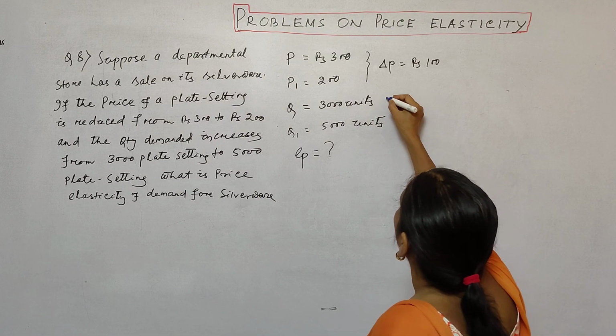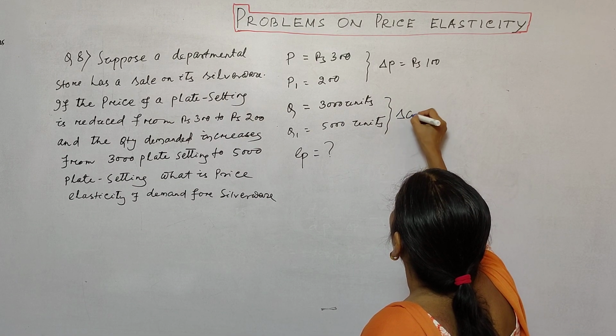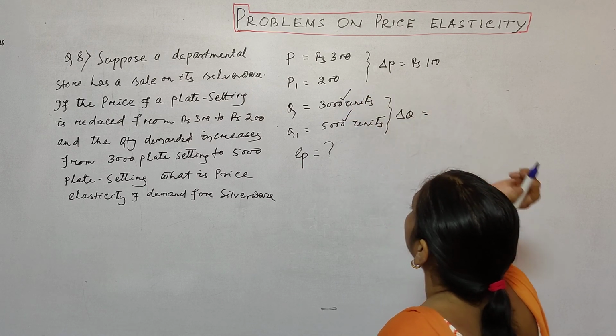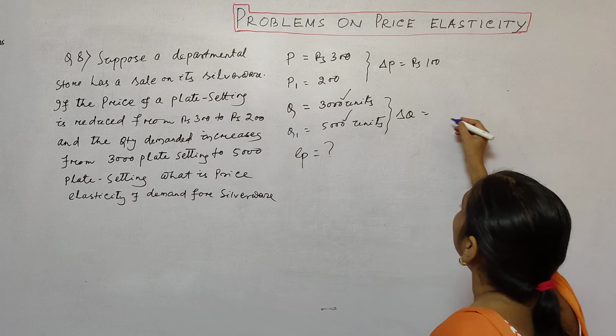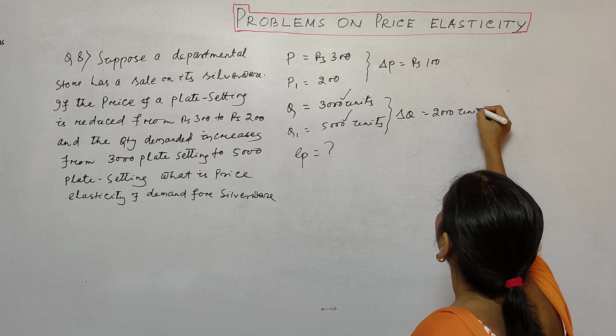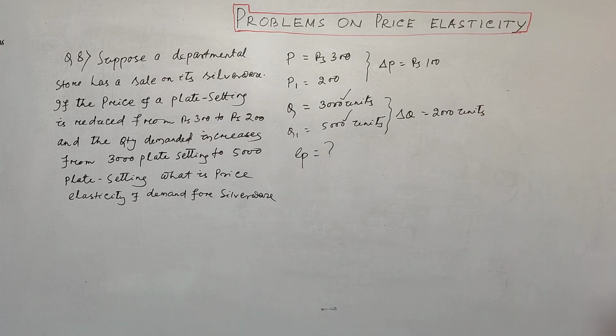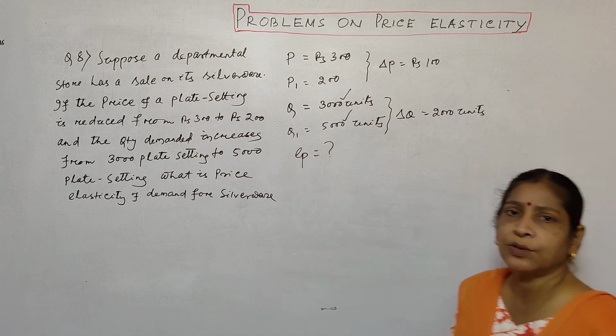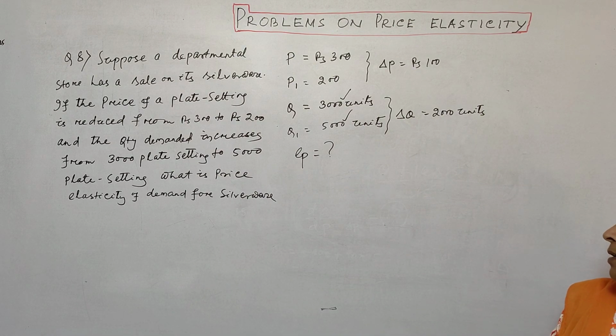What is delta Q? Delta Q: the quantity went from 3000 to 5000, so 2000 units. So friends, we will calculate EP in this question using another formula.